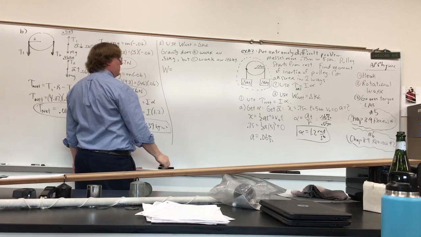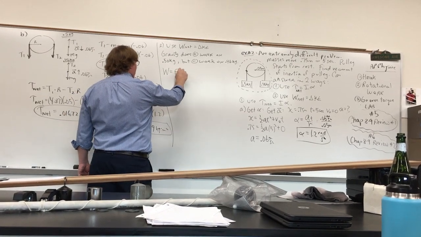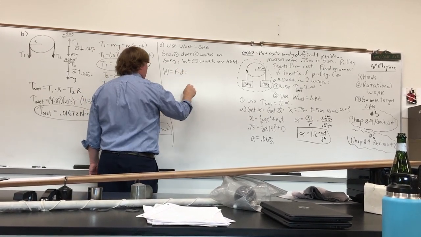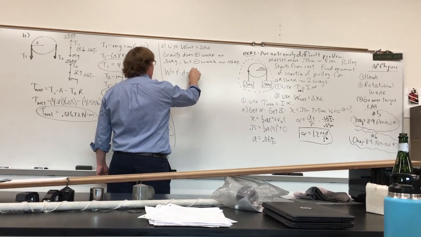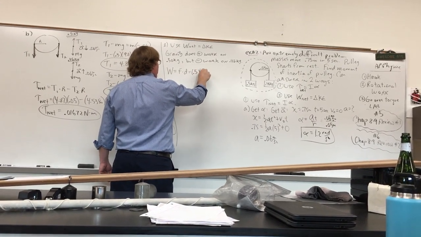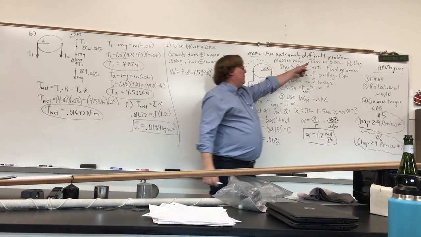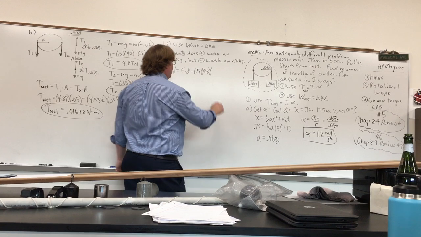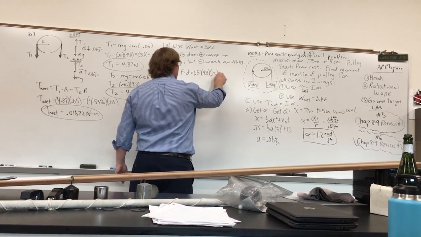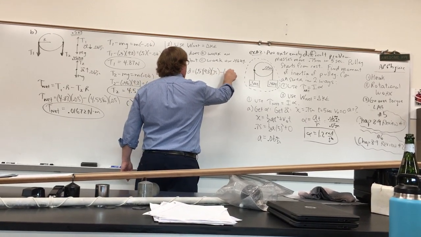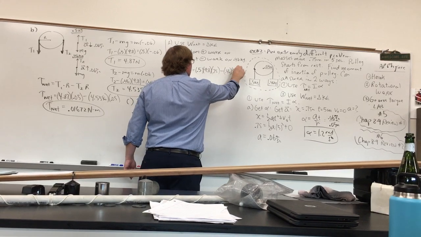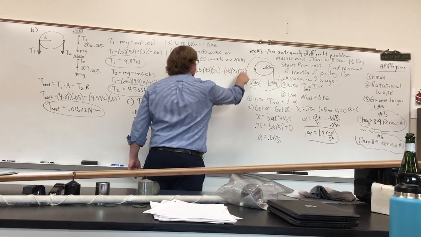Work equals force times distance. And so it's going to be 0.5 times 9.8. What distance is gravity pulling it down? 0.75 meters. Minus 0.46 times 9.8 times 0.75 meters.